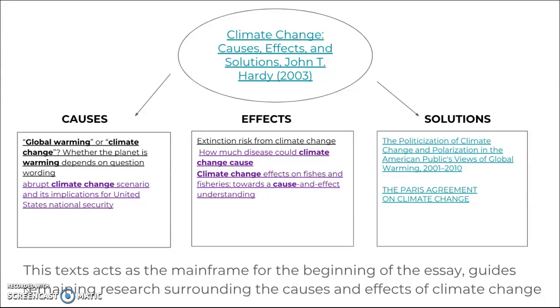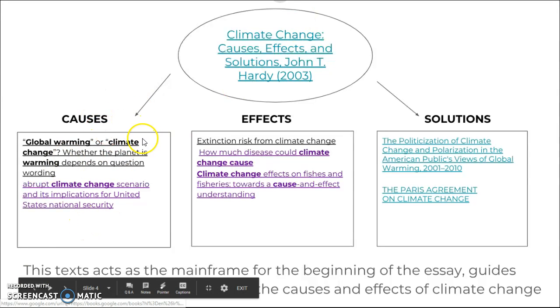In relation to my other sources, this book serves as a mainframe for the rest of my essay, especially the very beginning, which will be introducing the scientific theory behind climate change, especially how the planet is warming and scenarios that could happen. So first I want to point towards the causes.